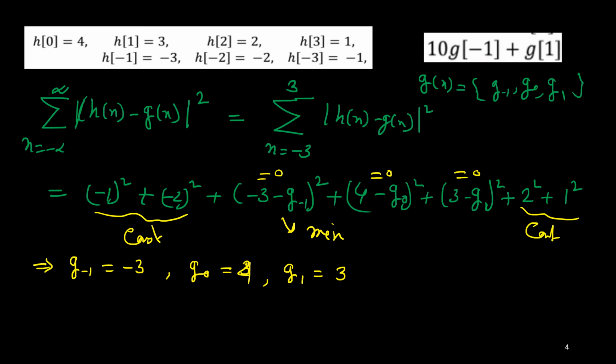Therefore, 10 times g of minus 1 plus g1, that we can compute. So this is 10 times minus 3, and g1 is 3. So it is minus 30 plus 3, so minus 27. So this is the answer. So this value is minus 27.